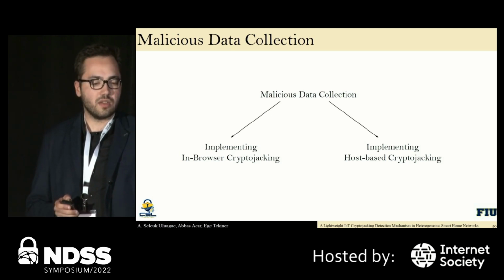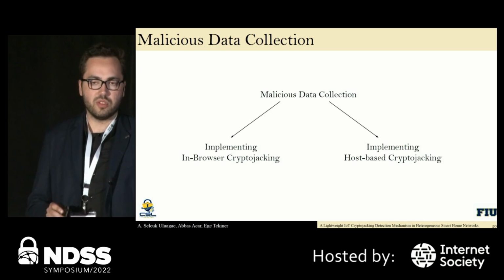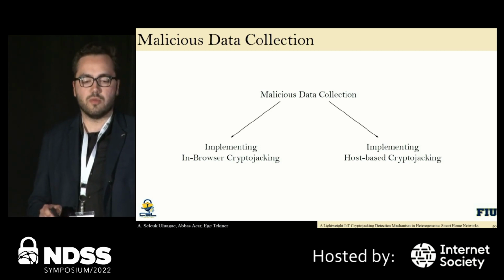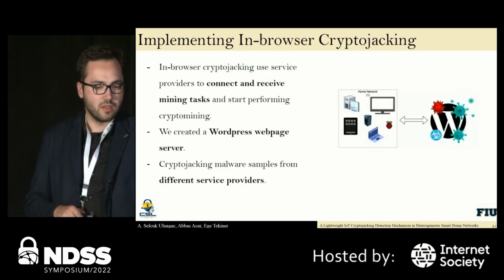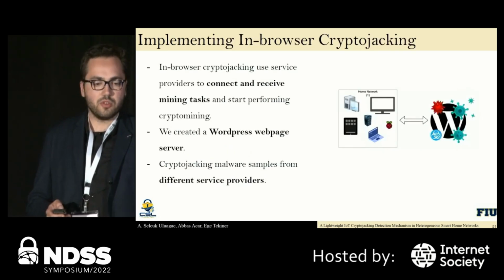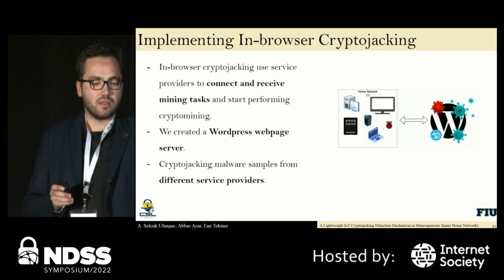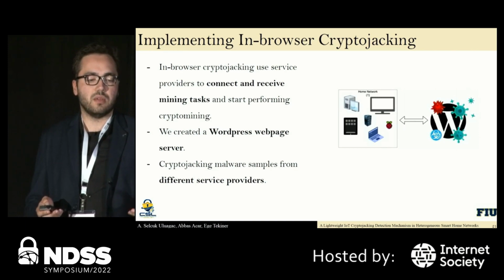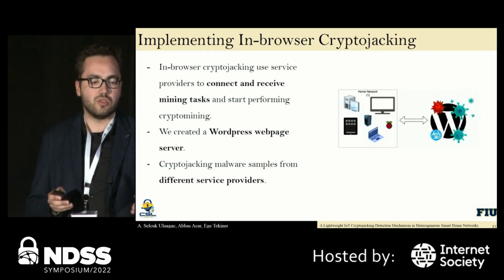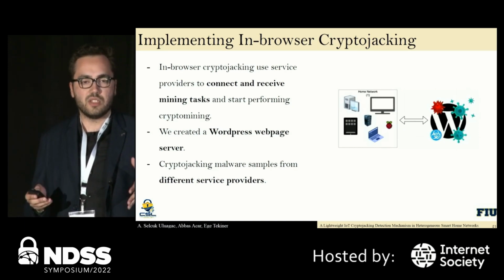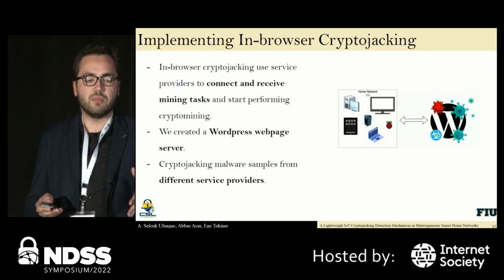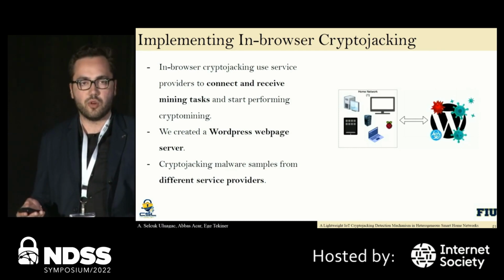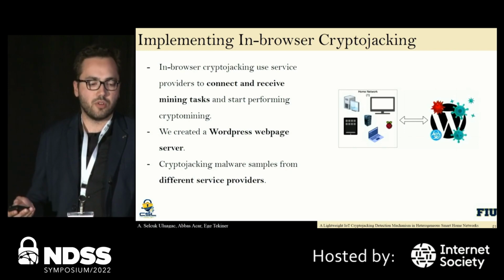For our malicious data collection, we needed to implement both in-browser and host-based cryptojacking malware on all our devices. To implement in-browser cryptojacking, first, the malware must use a service provider to connect and receive the mining tasks and start performing the crypto mining process.